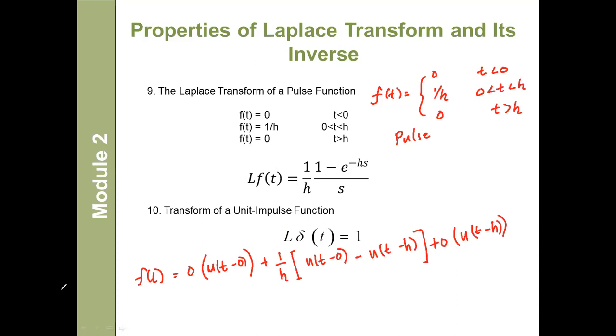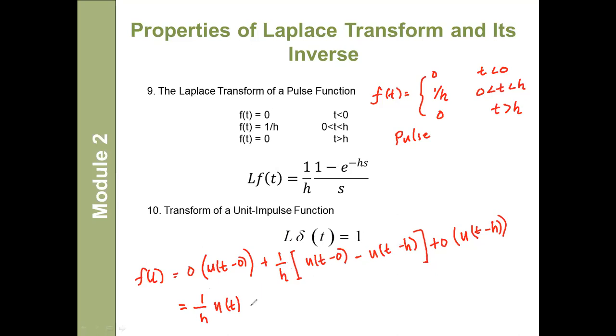Now, anything multiplied to 0 will be a 0, right? So then you will have the middle term remaining. So I will simplify the middle term to be 1 over h u of t. And then this 1 over h should also be distributed on the second term.